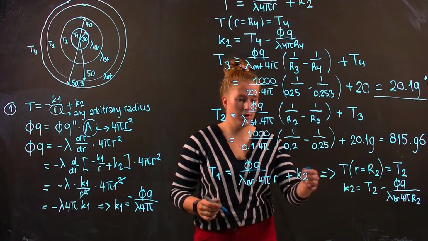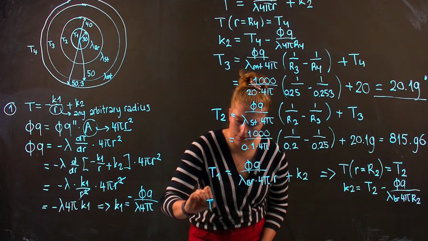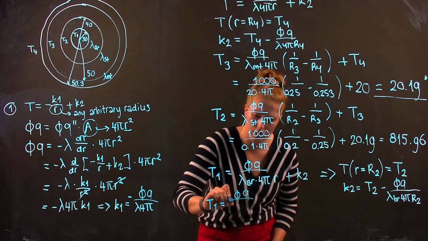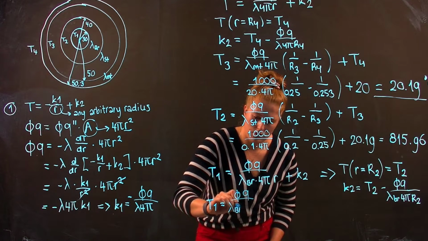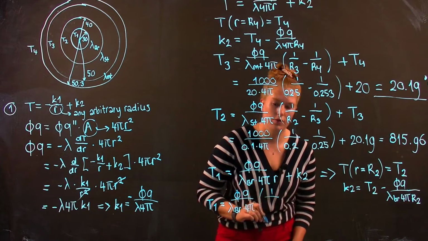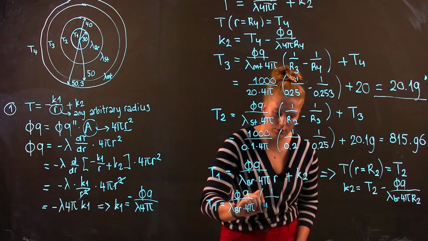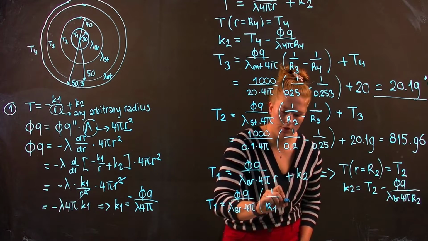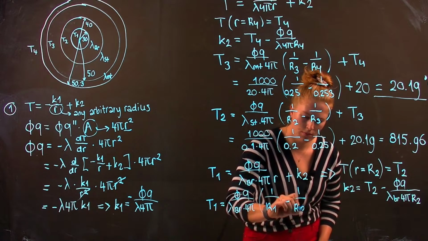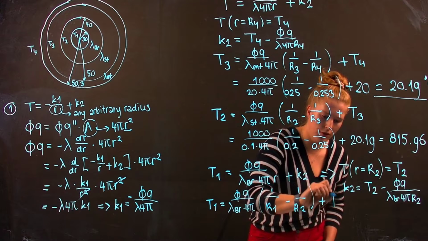Okay, if we plug in this K2 in this formula, we find that our T1 is equal to the conductivity 4 pi, and then first our radius 1, which we want to find here, and then the radius 2 from our K2, plus the temperature at 2.